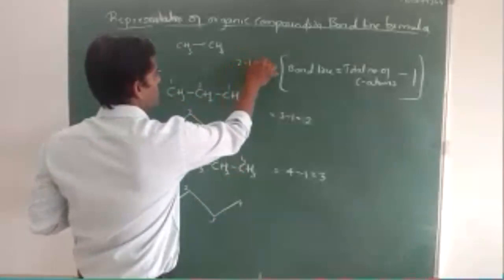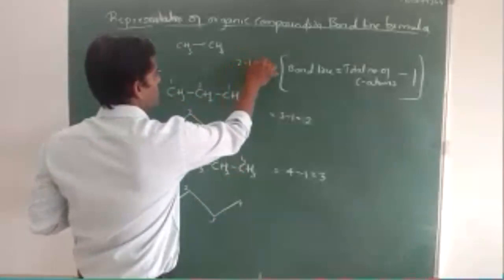Fourth one, CH3, CH, again CH3, and the second carbon again has CH3. This problem has changed a little. Here, first we have to see the longest straight chain.